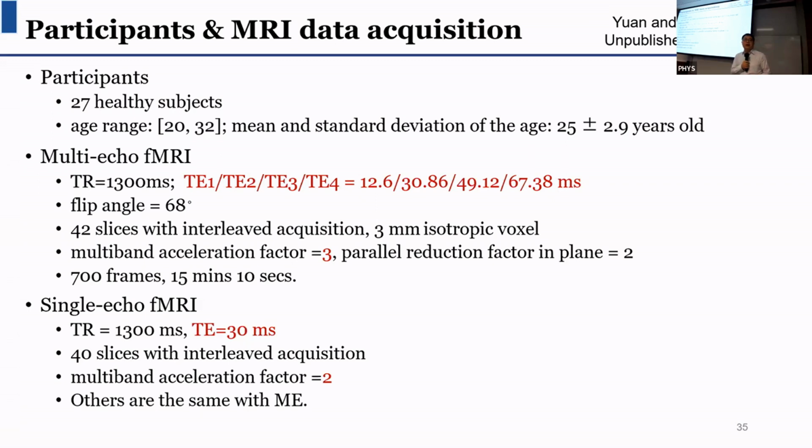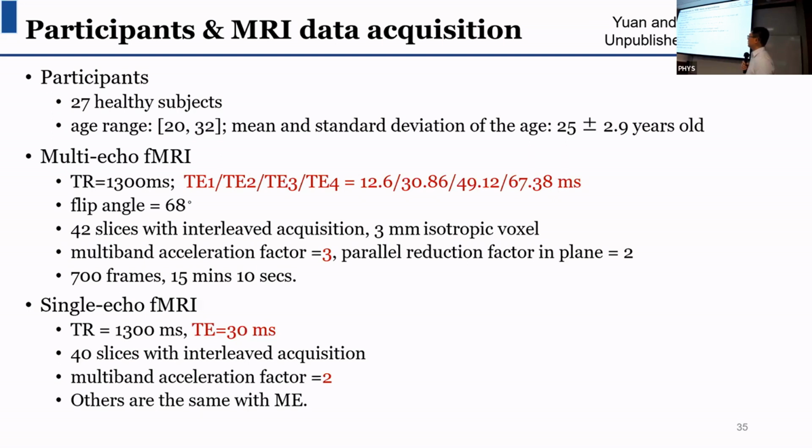We also ran our own study. We recruited 27 healthy subjects, and we ran our own functional MRI study with our parameter setting: TR equals 1,300 milliseconds, with 4 echoes from 12 to around 70.